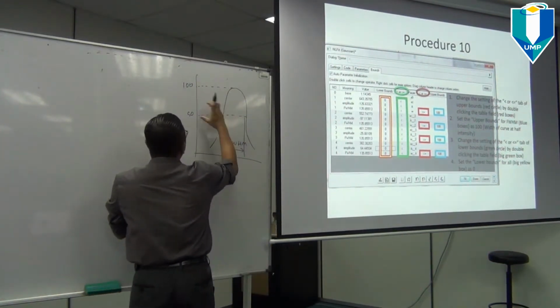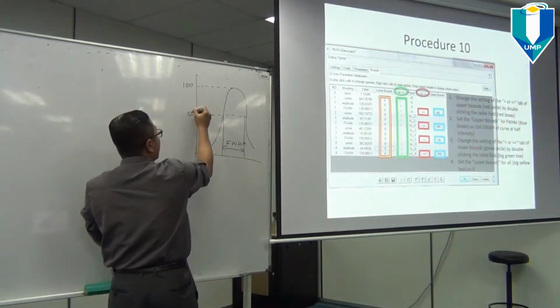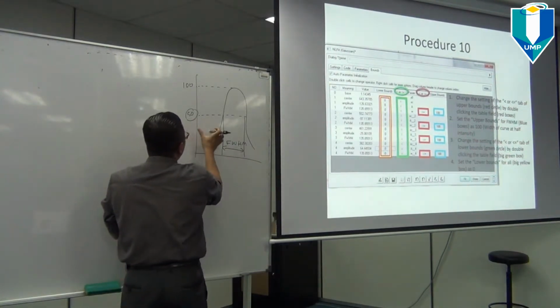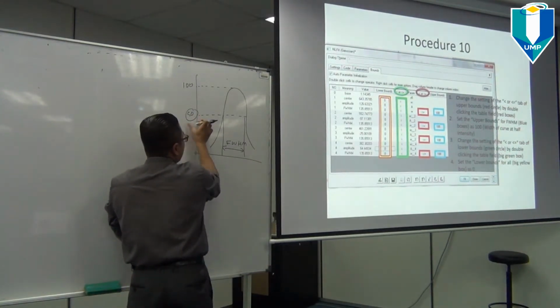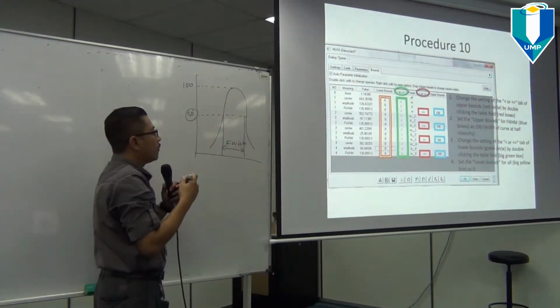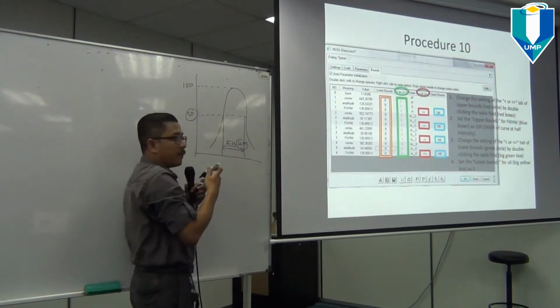The full width at half of the maximum intensity. This is the full intensity. This is half maximum of intensity. So what is the width at half intensity? This is the width. The full width at half maximum intensity of the graph.